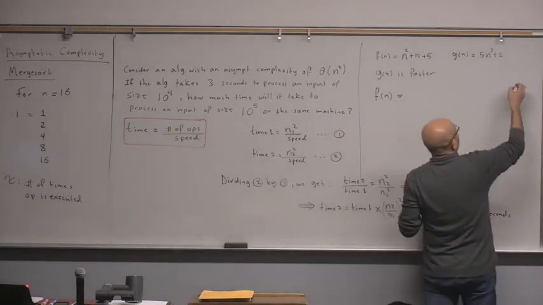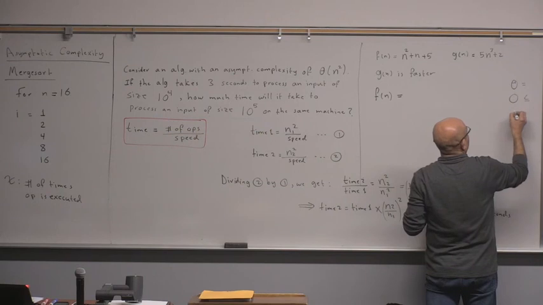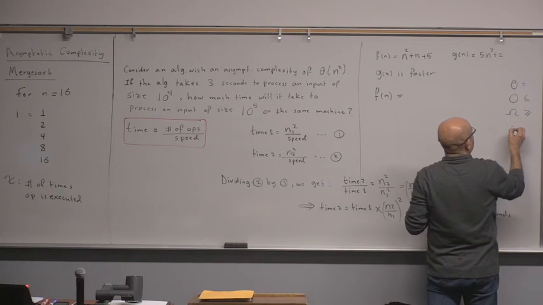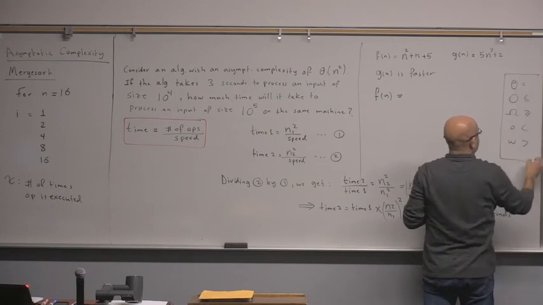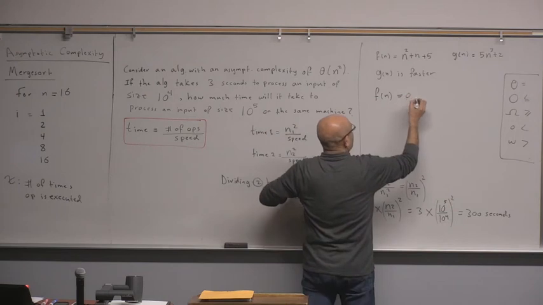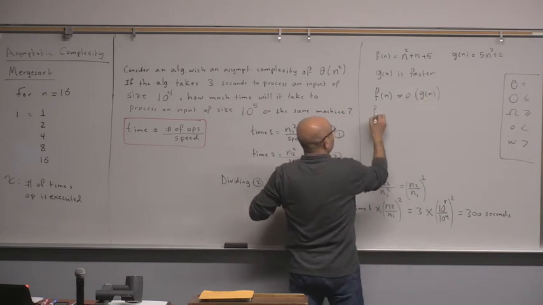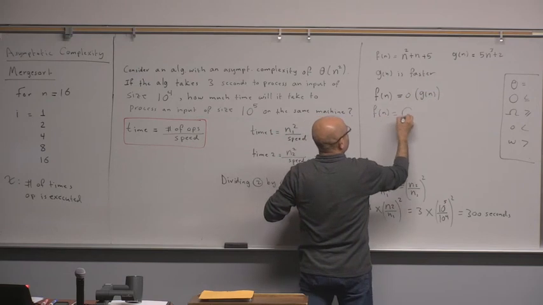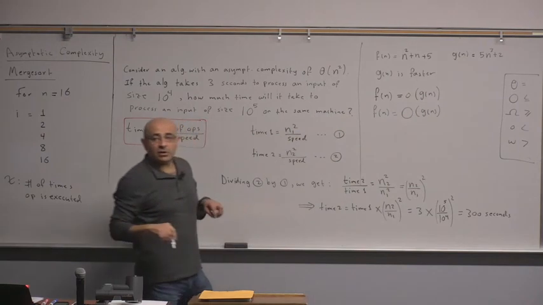Remember, theta is equal, big O is less than or equal, big omega is greater than or equal, small o is less than, small omega is greater than. In this case, f of n is smaller, so you want to say small o of g of n. But also, the big O applies: f of n equals big O of g of n. And that's all that applies.